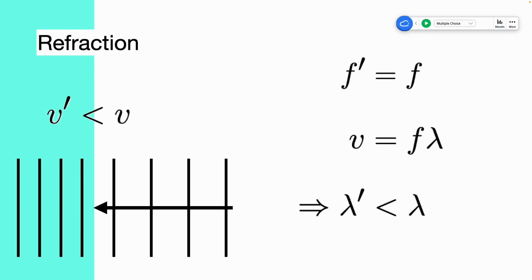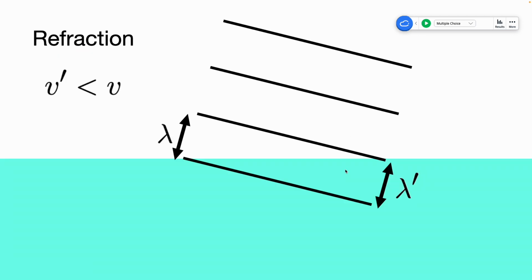That's very important, because when we look at the scenario in which the light enters the glass with an angle, we know that the speed of light in the glass must be smaller, which means the wavelength of light in the glass must be shorter. Then this picture is not right. You see, in this picture, the wavelength in the glass and the wavelength in air is the same.